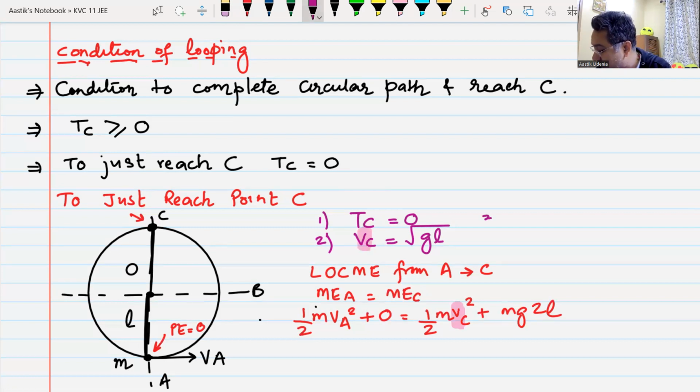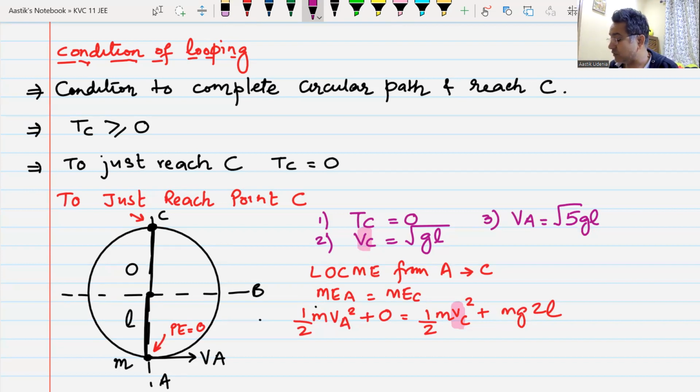Velocity at A from this equation, when you solve it, you will get root 5 gL, and the task of solving it is left for you to do at home. So leave some space and you will do it at home.